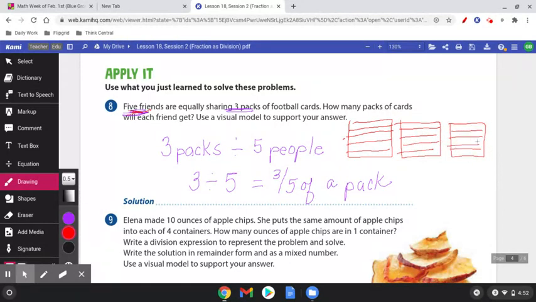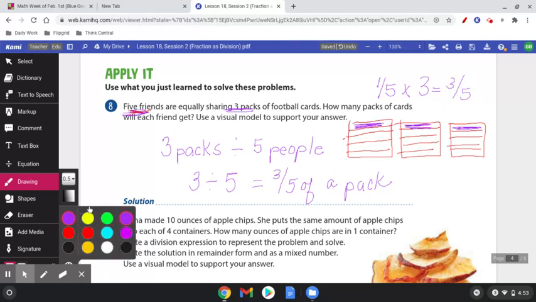Okay, and again, you can then label A, B, C, D, E on each one of them. You could color code them 5 different colors, but we do want to show that each person is getting 1/5 times 3. Getting 1/5 of 3, which is the same as 3/5. 3 groups of 1/5. And there's our visual model.